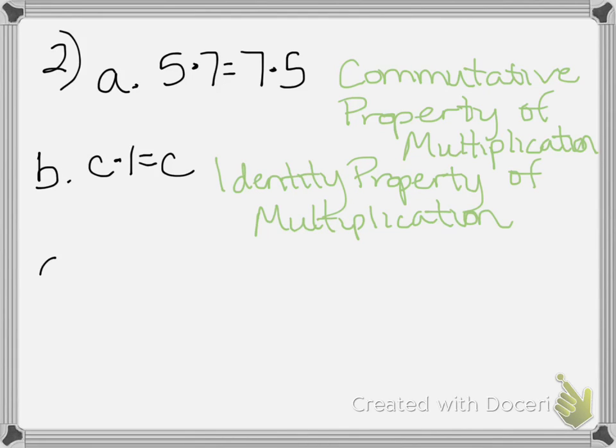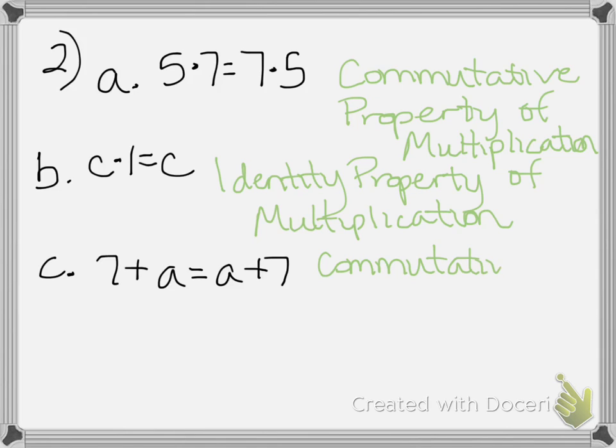Letter C says 7 plus A equals A plus 7. So they flip-flopped the numbers. So that is the commutative property of addition.